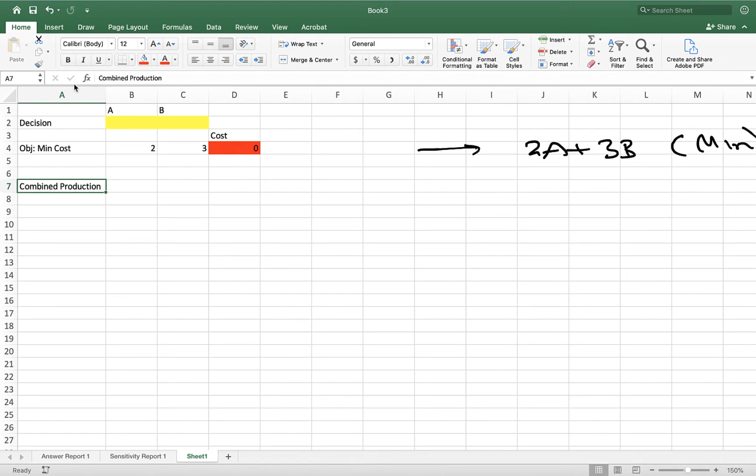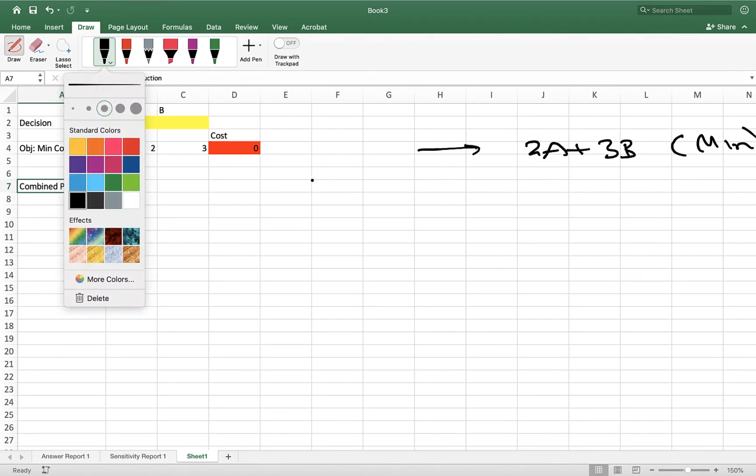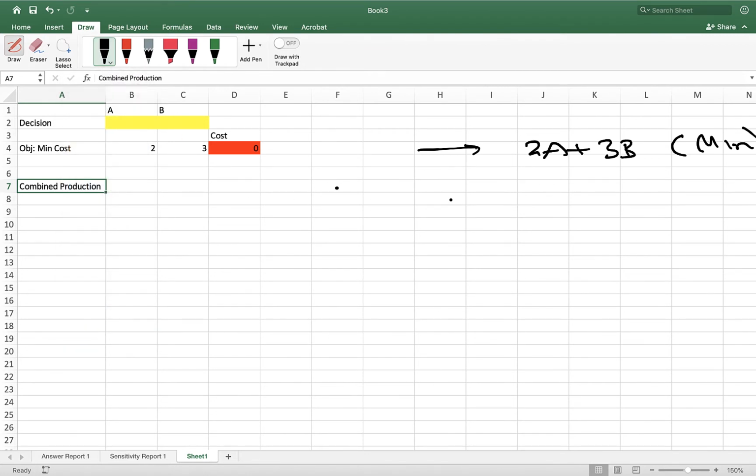So again, I can write it in this one here. So I can just put in A plus B. Remember, the combined production must be greater than or equal to 350.